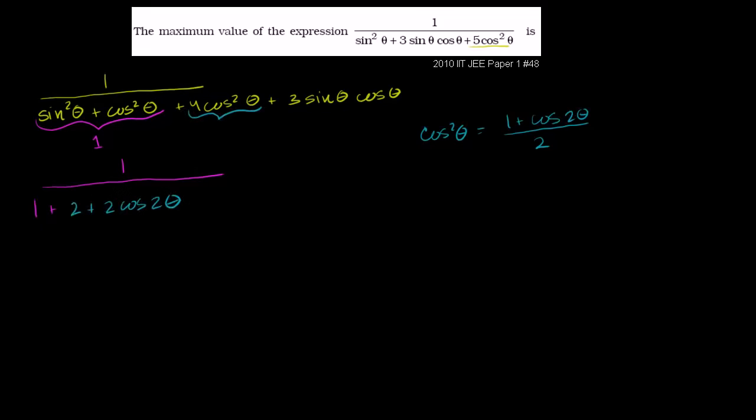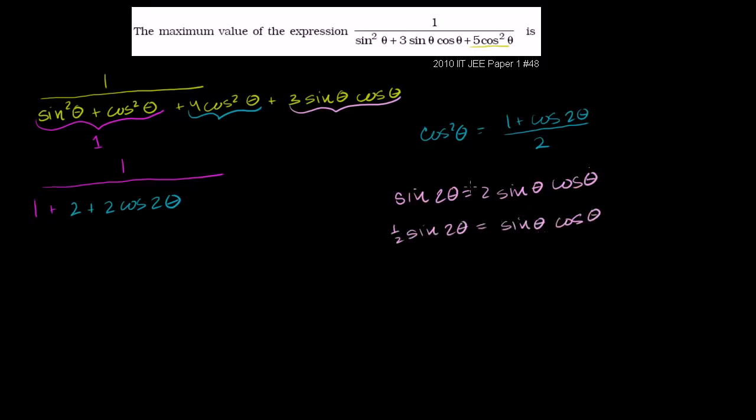And then this term right over here, we could use the trig identity that sine of 2 theta is equal to 2 sine of theta cosine of theta. Or you divide both sides by 2, you get 1/2 sine of 2 theta is equal to sine of theta cosine of theta. So this part right over here is going to be 1/2 sine of 2 theta, but we're multiplying it by 3.